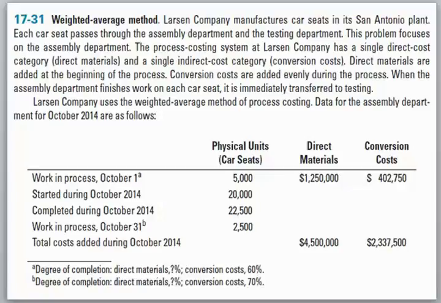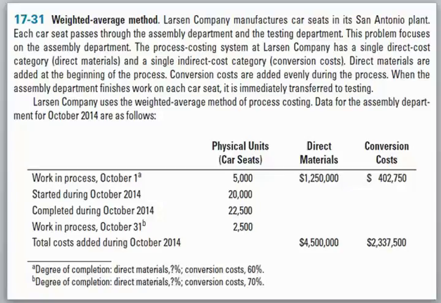For degree of completion, direct materials are 100% because direct material is added at the beginning of the process. The beginning work in process conversion cost was 60%, and the ending work in process conversion cost was 70%.